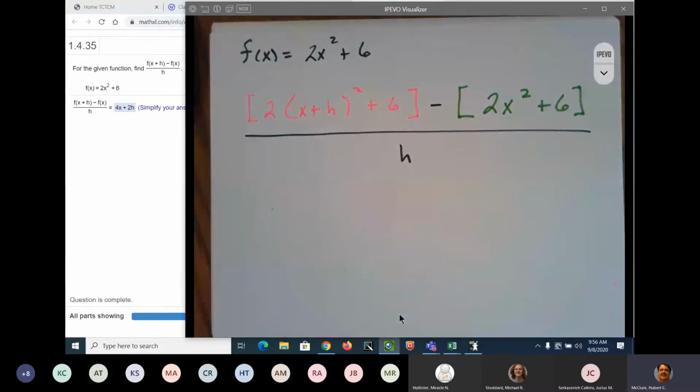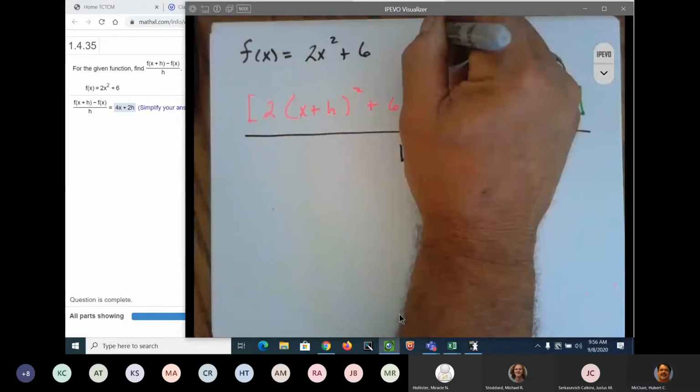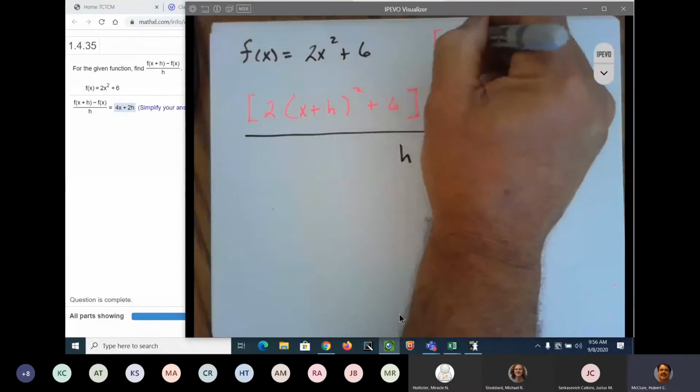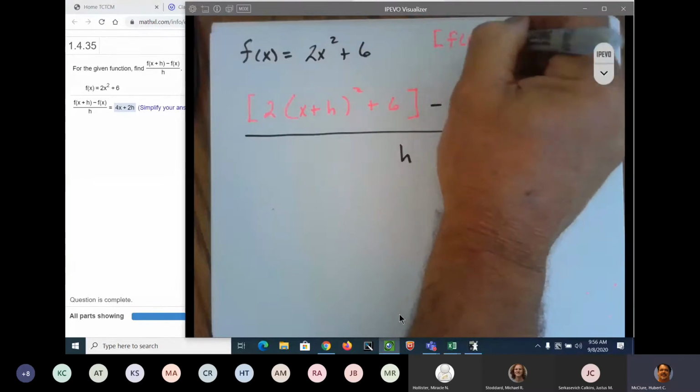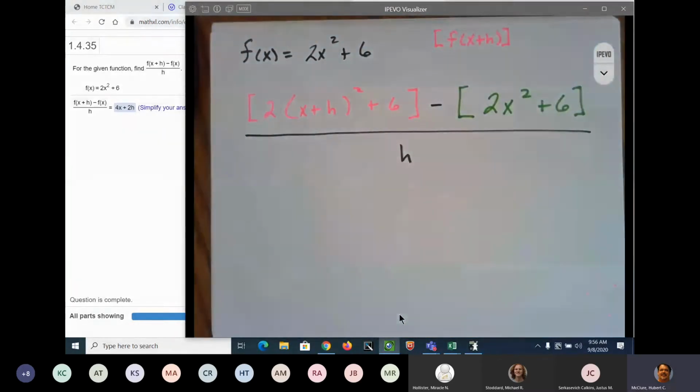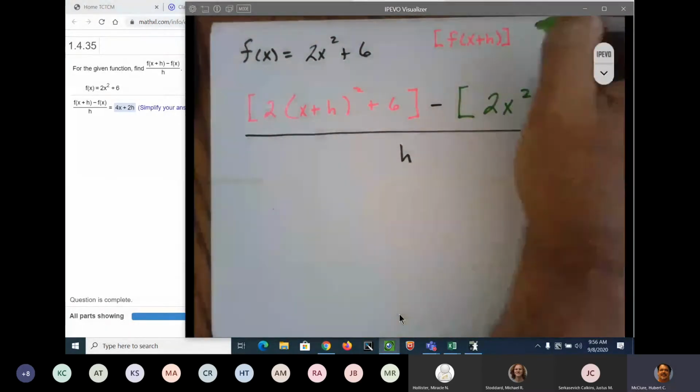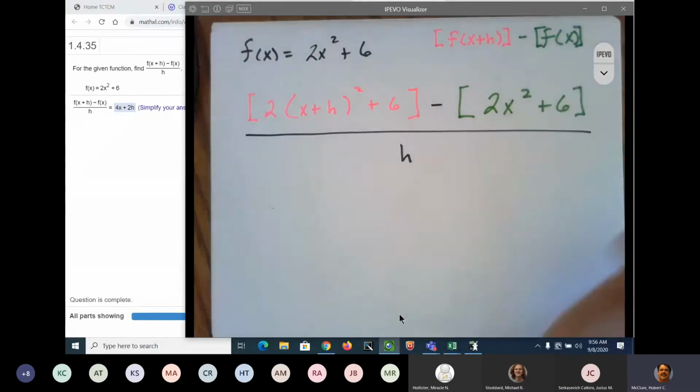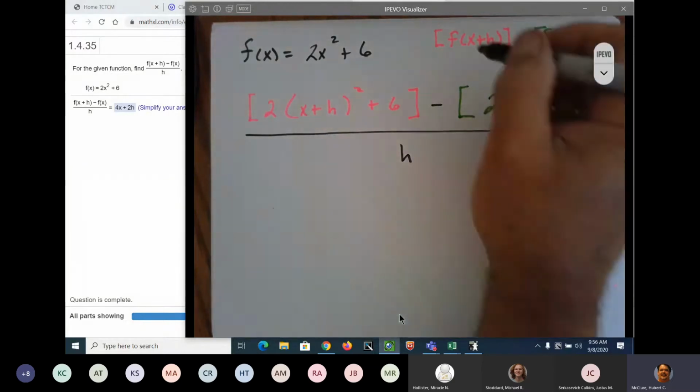Now, just so y'all understand where everything comes from, f of x plus h minus f of x all over h. That's the difference quotient.